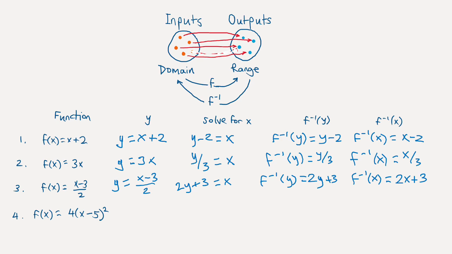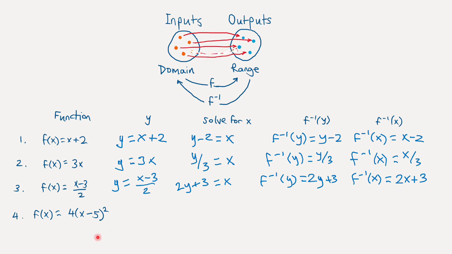So for this function, the input 4 and the input 6 both lead to the same output. Thinking back to our diagram before, it's as if this is the 4 and the one that we erased is the 6, and they're both going to the same output.